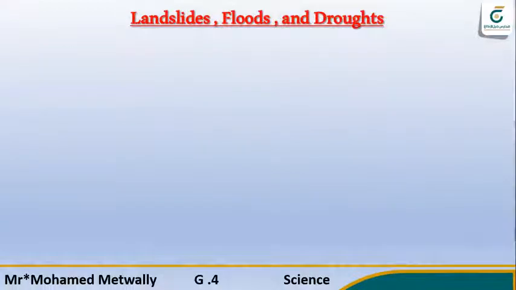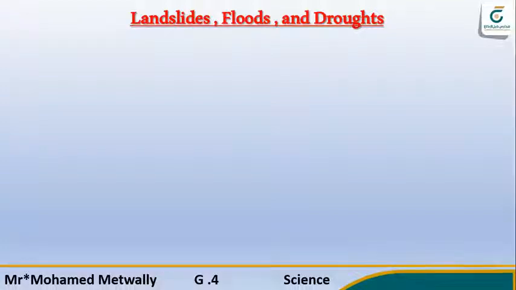So as you see in the video, an earthquake can cause rapid change to the Earth's surface, unlike weathering, erosion, and deposition, like I said in the previous lesson. So continuing our lesson today, going to another slide which talks about landslides and floods, droughts as well. These are natural events as well.